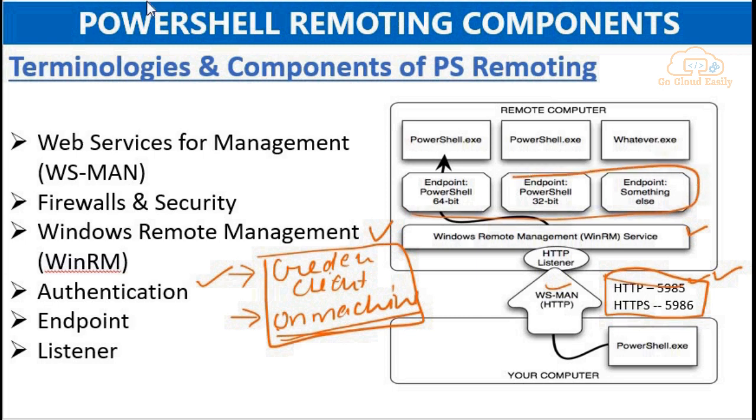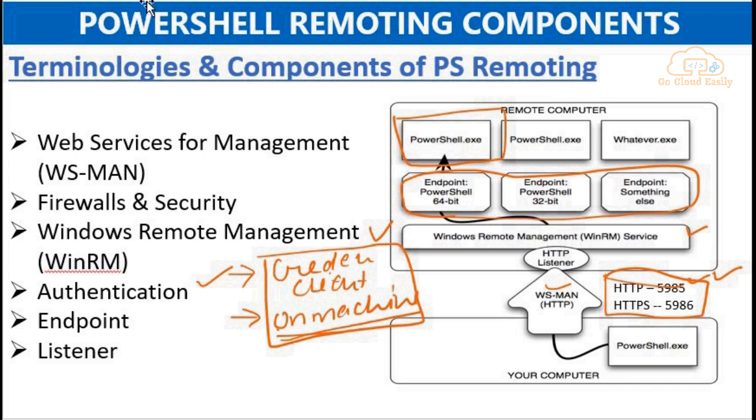This service then forwards the request to an endpoint. According to what kind of request we have, it chooses the default endpoint, and then these endpoints pass the information further to the listener. So basically these are the listeners. There may be different kinds of listeners, like PowerShell or some other application as well. But because this section is about PowerShell, we will be discussing PowerShell only.